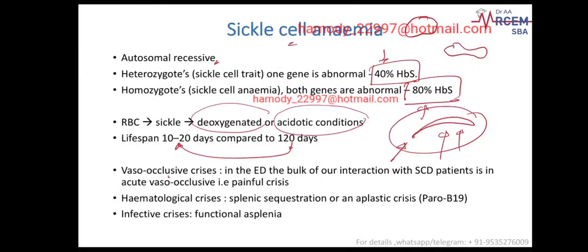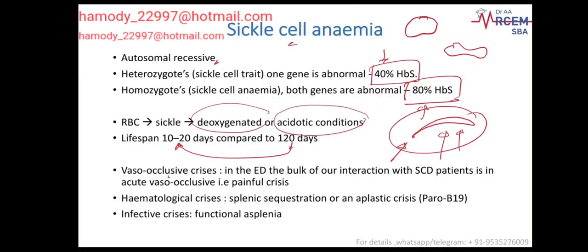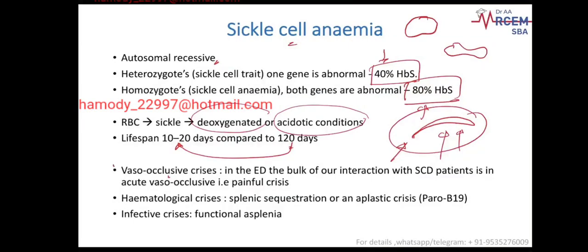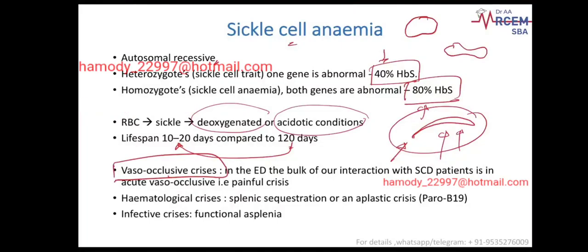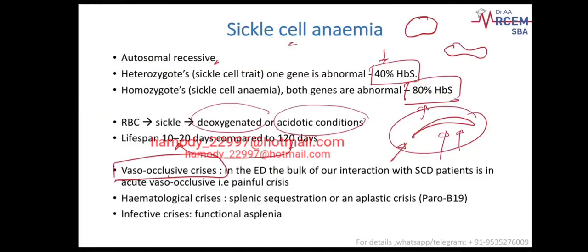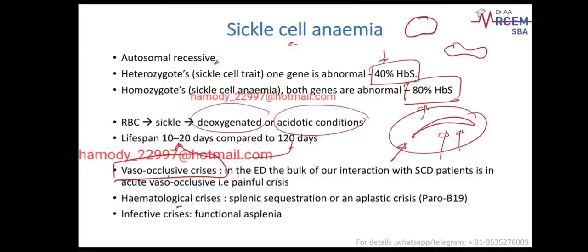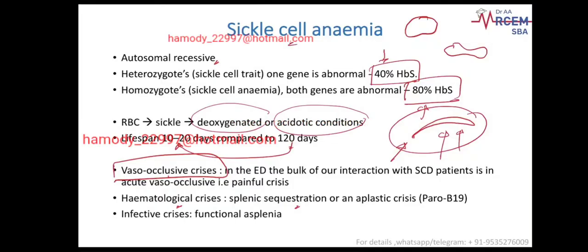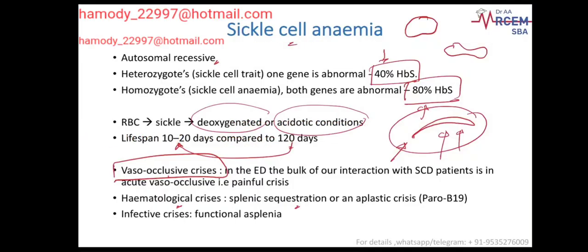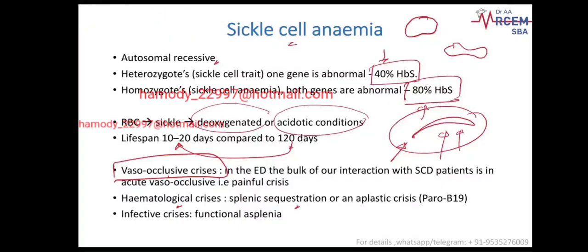If they get occluded in small venules and arteries, especially of the hands and feet, it results in vaso-occlusive crisis. They complain of severe pain in their hands and toes. They can present with a hematological crisis like splenic sequestration, where most of the RBCs are squeezed into the spleen, resulting in spleen enlargement, and the hemoglobin drastically falls.